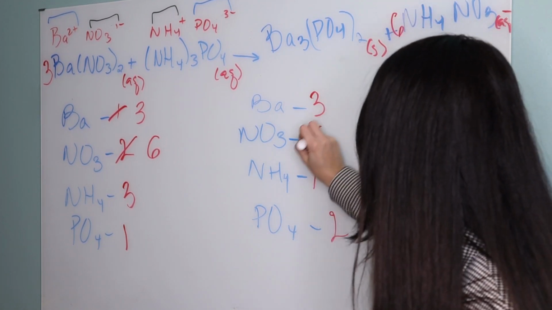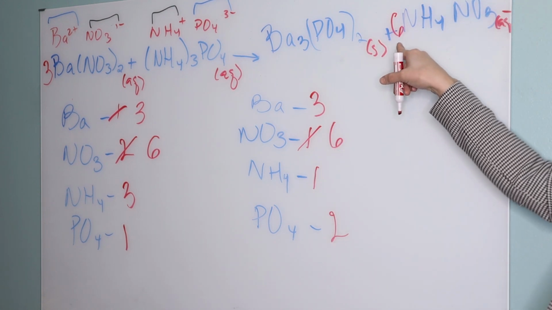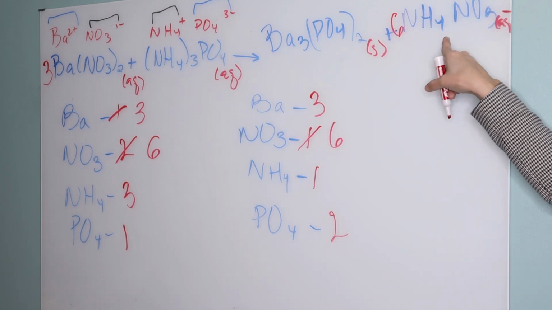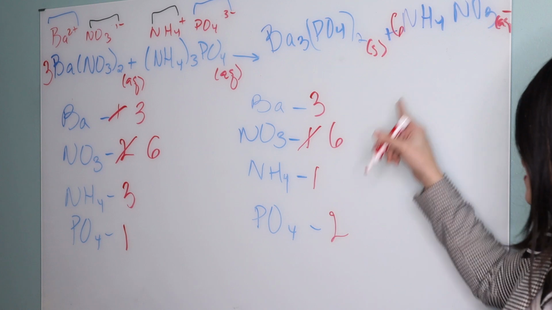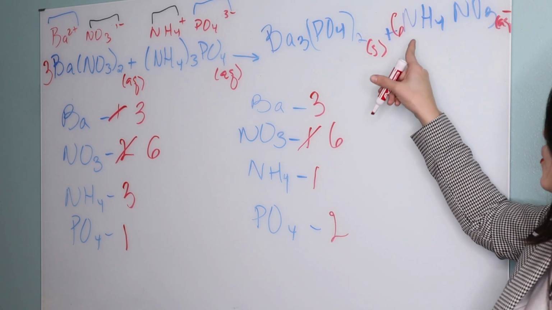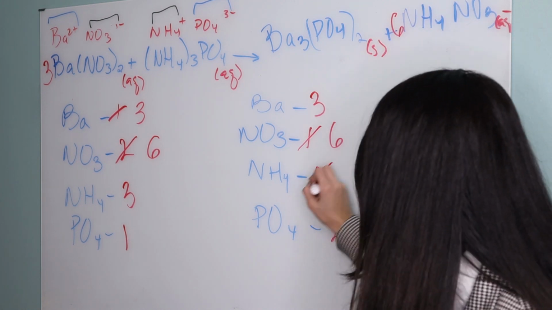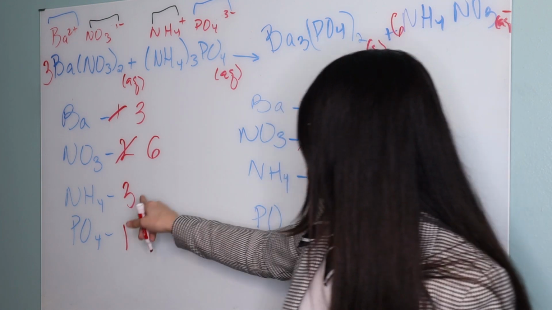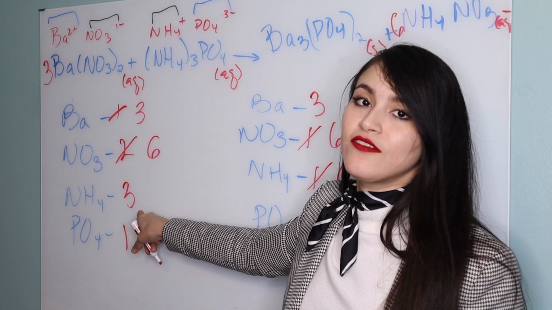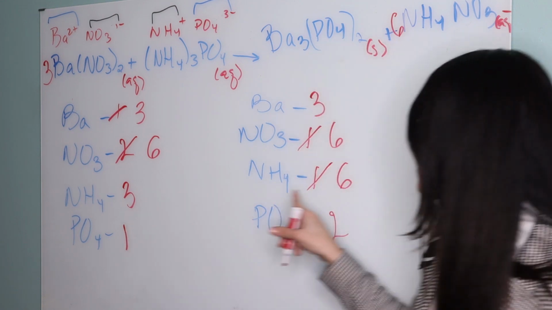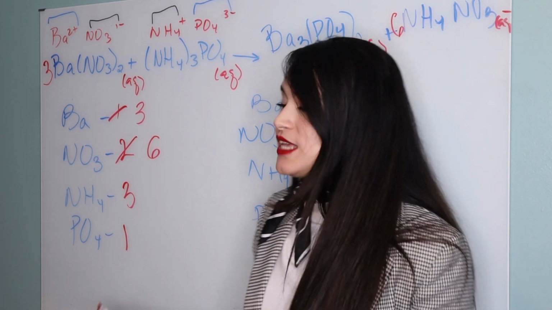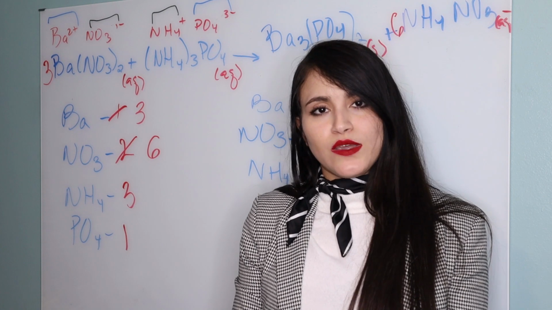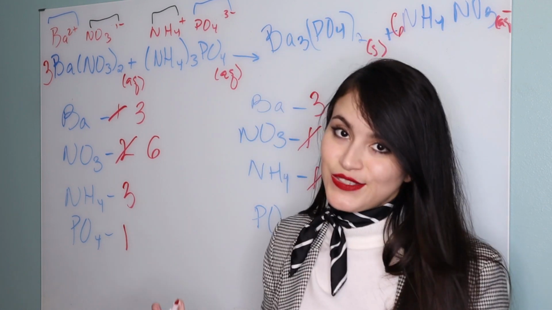6 over here. Now this becomes 6, but because this coefficient is now in front of ammonium, this is impacted as well. I had 1 initially, right? So now you have 6 times 1, which equals 6. On the reactant side, I only have 3 ammoniums. We have 6 over here on the product side, so you ask yourself, 3 times what is going to equal 6? The answer is 2.